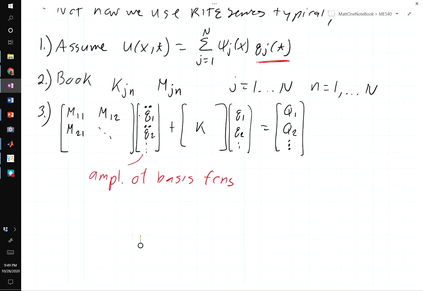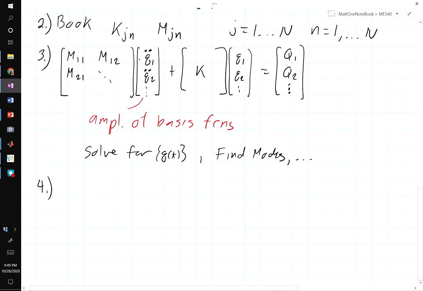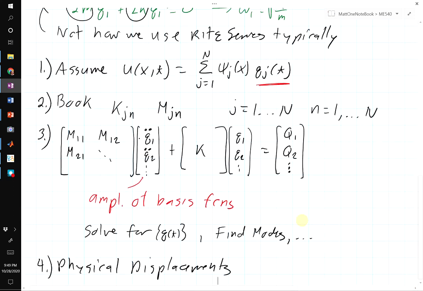So once we have those, we could solve for the response, Q of t, or find the modes, whatever it is that we're interested in doing. And then the key thing we remember is when we want to go back to physical displacements, we need to use this key assumption again, right?